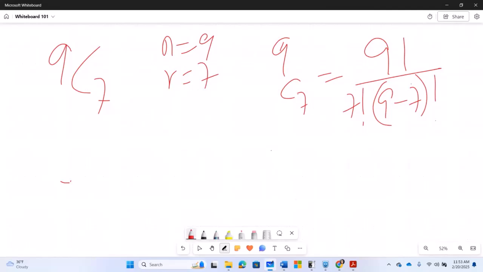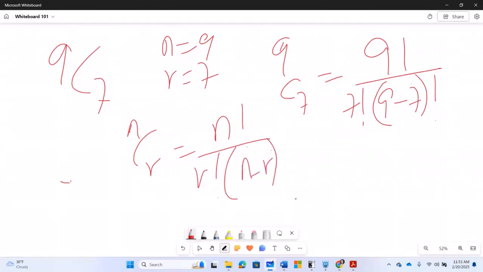And by the way, remember that the formula for n combination r is n factorial all over r factorial times n minus r factorial.